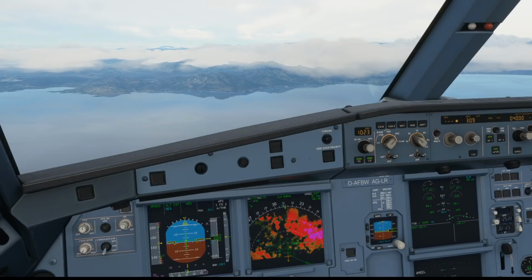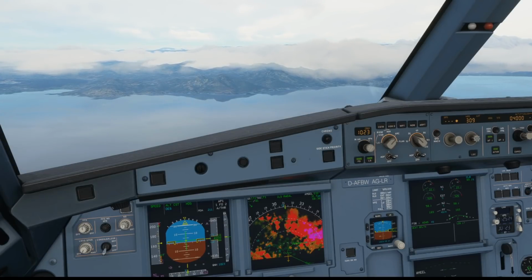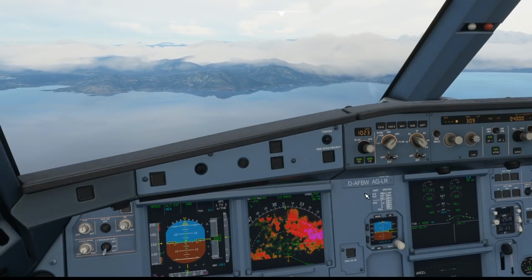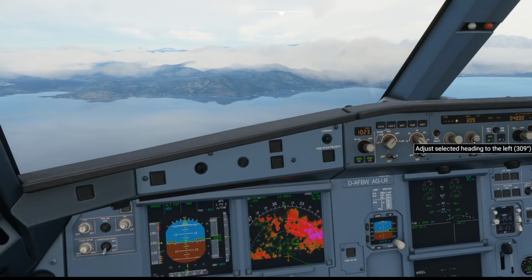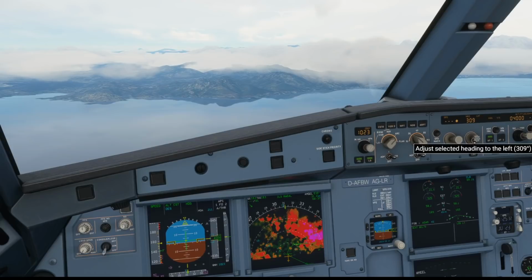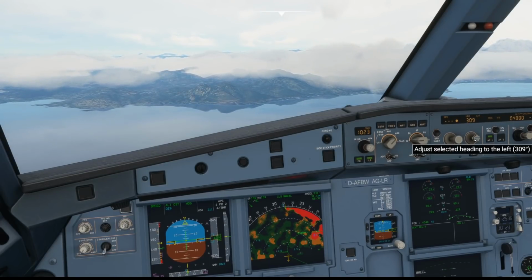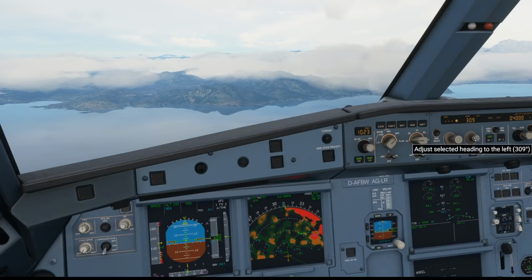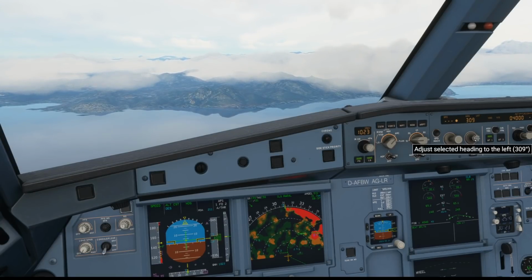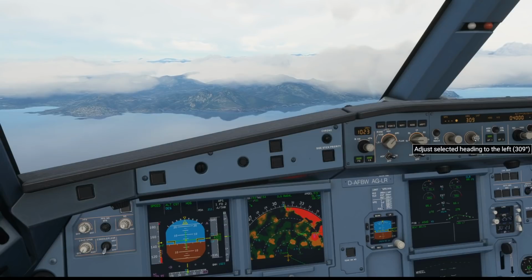One of the things that does tend to happen, and I see a lot of people not complaining about it but certainly mentioning it in the forums, is that when you get to about 50 feet, the nose of the aircraft starts to pitch down a little bit.